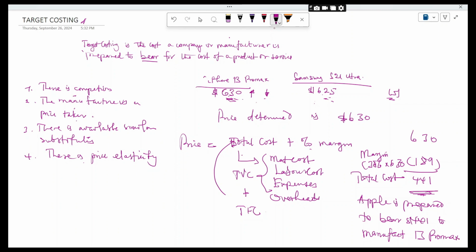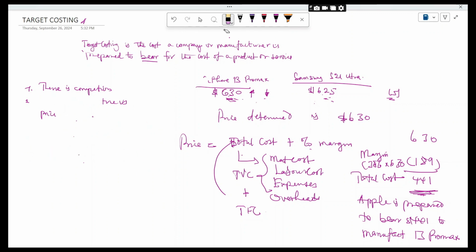Right. Okay. So if Apple is prepared to bear 441, then this will inform several decisions, right? The first thing they are going to consider is the material. What type of material to use for the product.